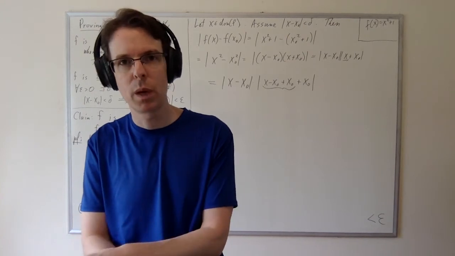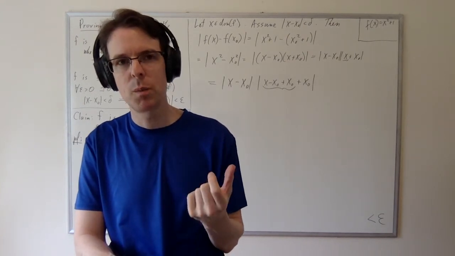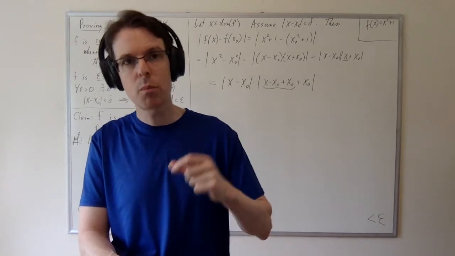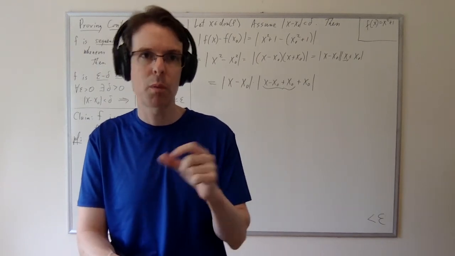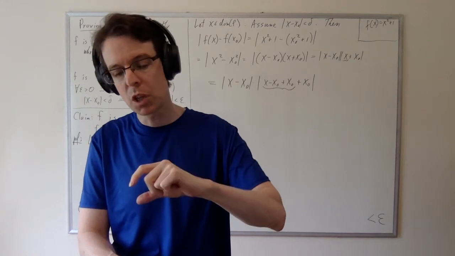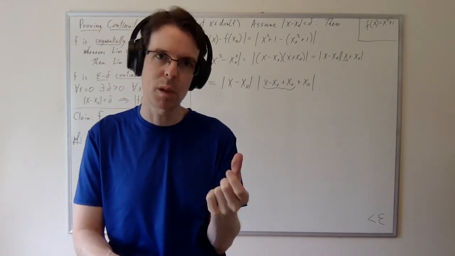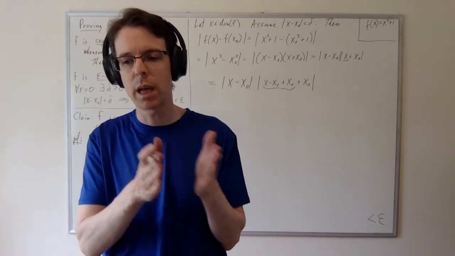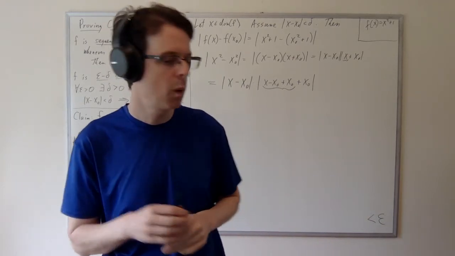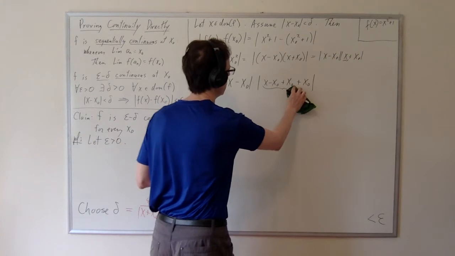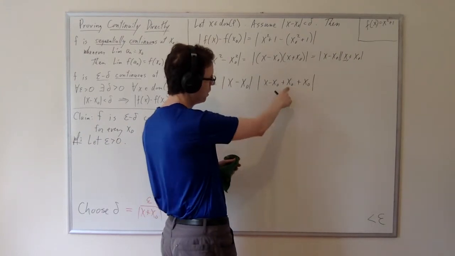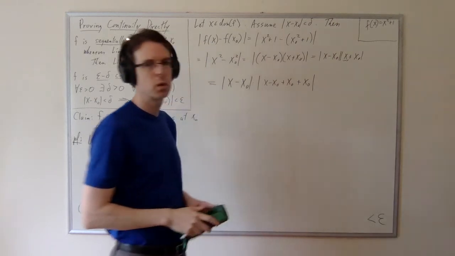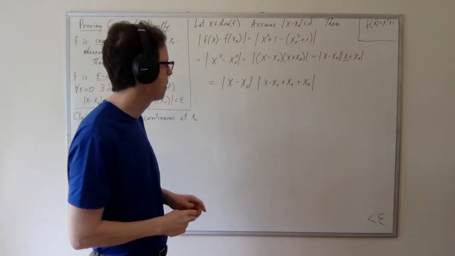X naught is something that we can. When we think about x as being close to x naught, we like to think of x as x naught plus a little bit of error, like x naught plus a little delta. It's pretty much x naught, but then there's a little extra something, some difference. So by writing x as x minus x naught plus x naught, we're focusing our attention on the approximation x naught plus the error in that approximation. And this is a convenient way of doing that.